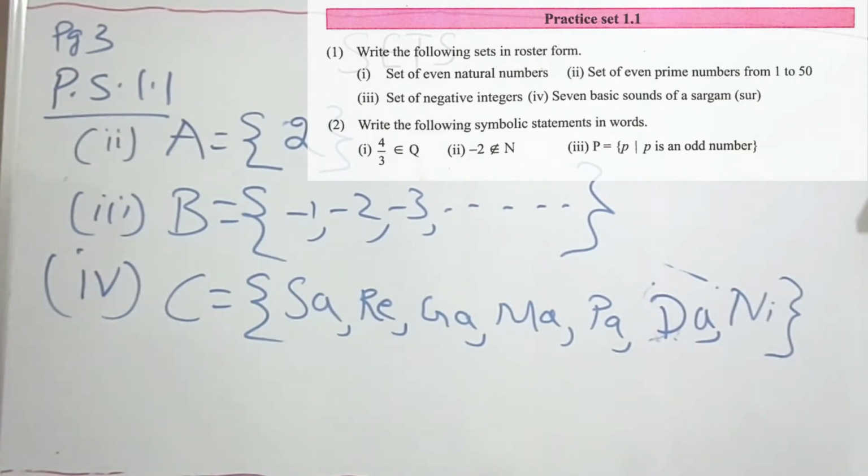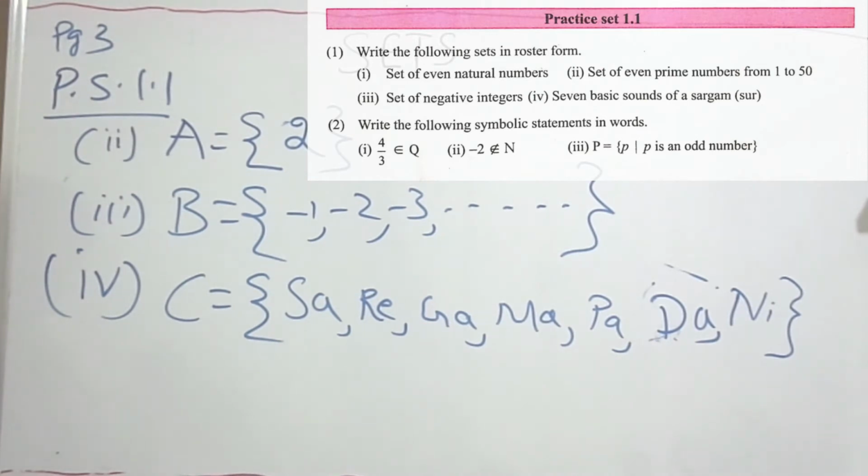Question number 2. Write the following symbolic statements in words. This I am going to give you as homework, because yesterday I had already given you the table, the last lesson of the symbols. The third one I can discuss: P is equal to {P such that P is an odd number}.